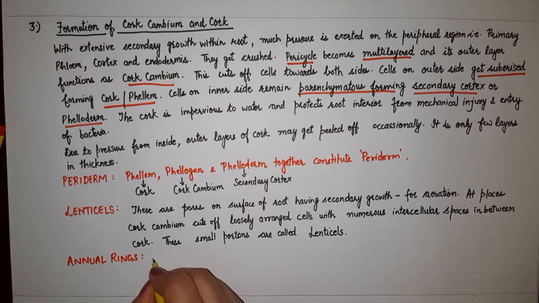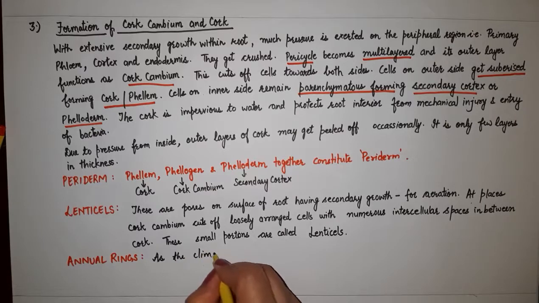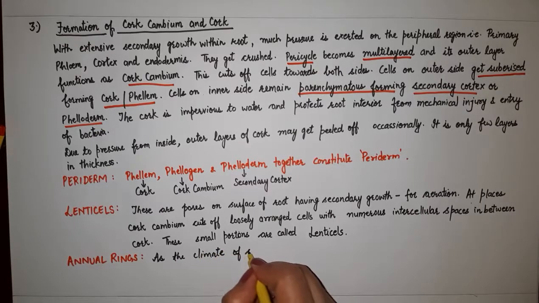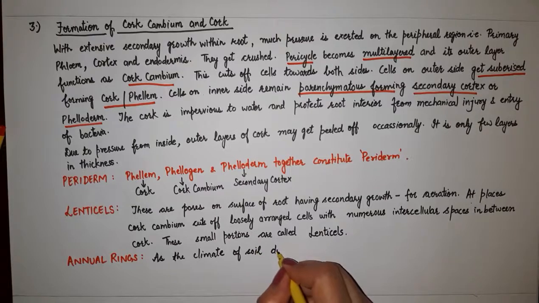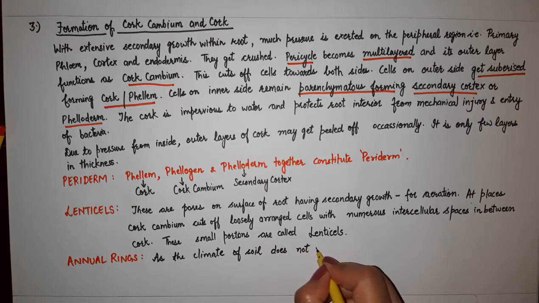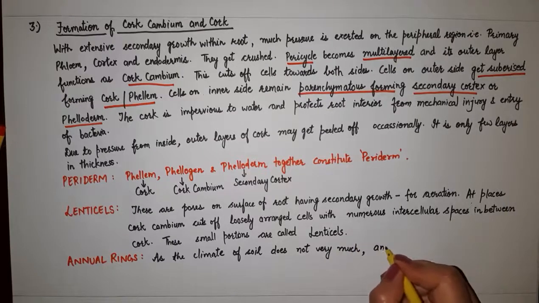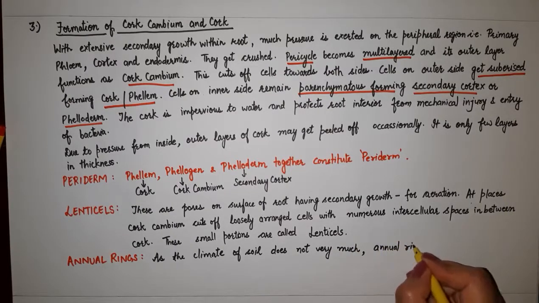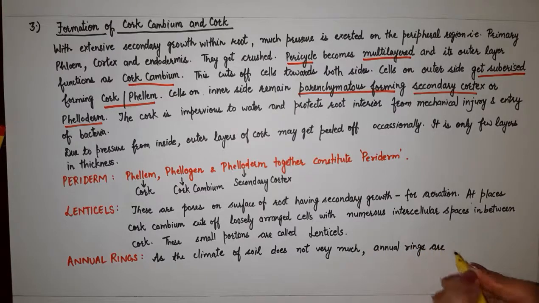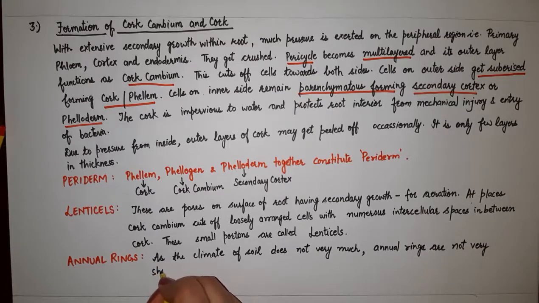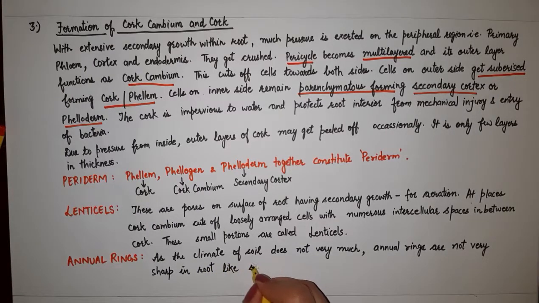Okay? So, the reason is, as the climate of soil does not vary much, annual rings are not very sharp in roots like stems.